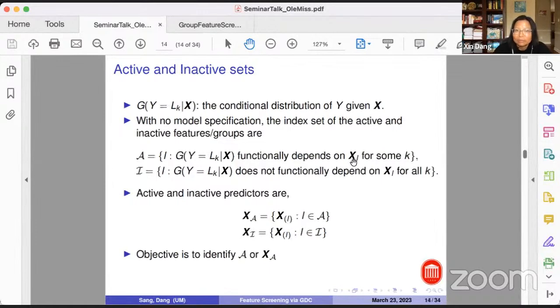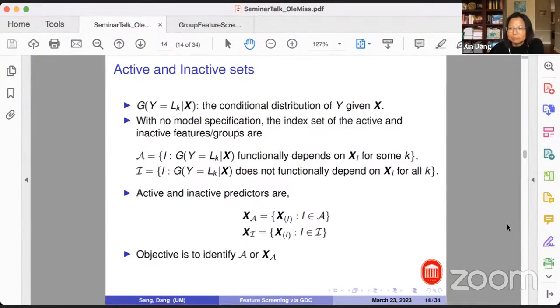And the inactive set, or unimportant set, will be the index of the groups that this conditional distribution does not depend on. So if we put these indices together, you get the active and the inactive predictors.